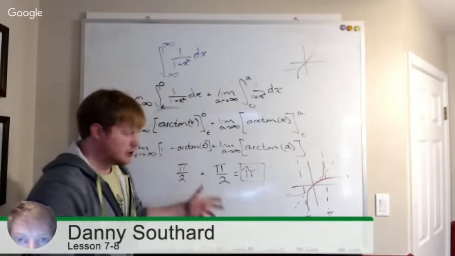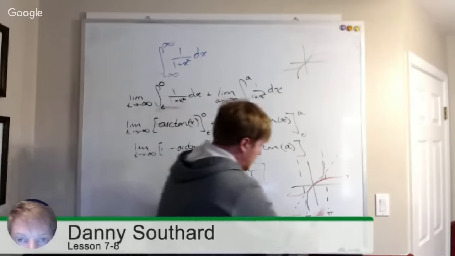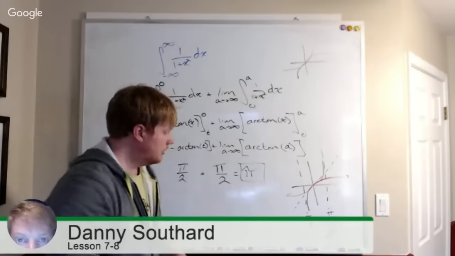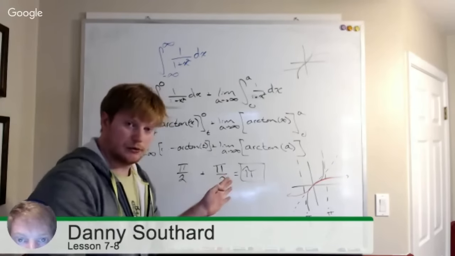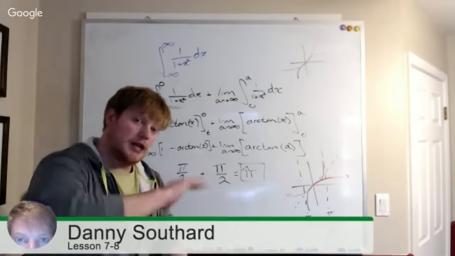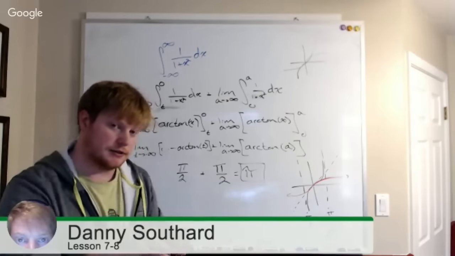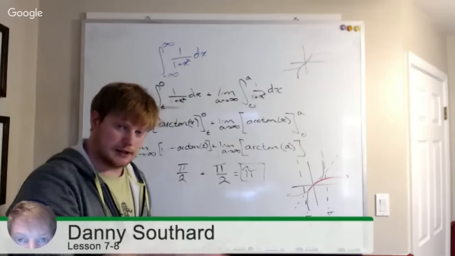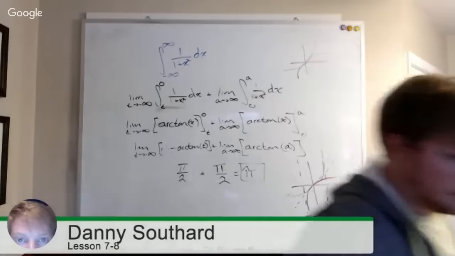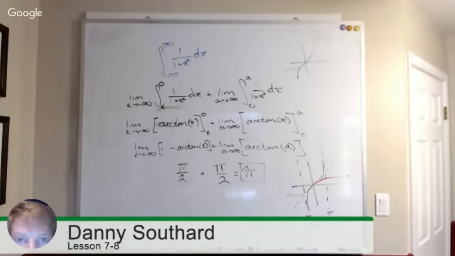The arctan is just the inverse of tangent, and if the bounds of the domain are negative pi over 2 to pi over 2, then the bounds of the range of the inverse have to be the same thing. Okay. So, okay, done with that. We're good.